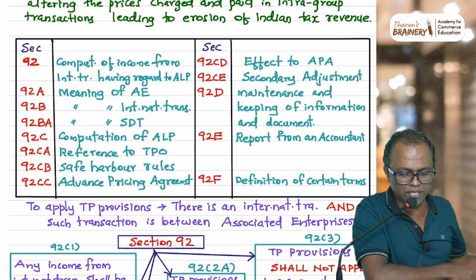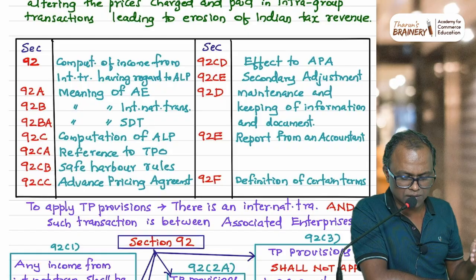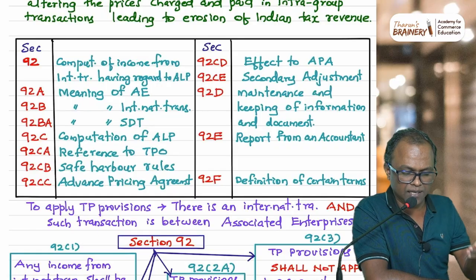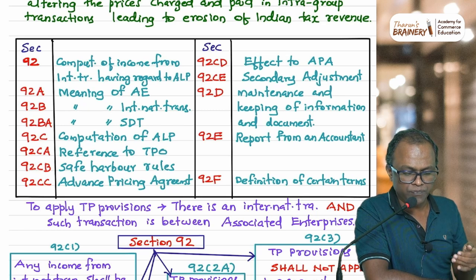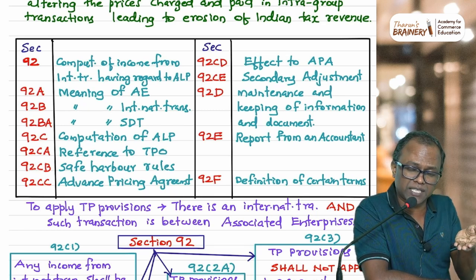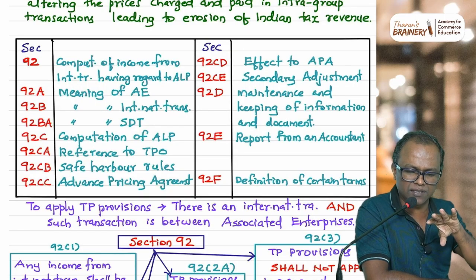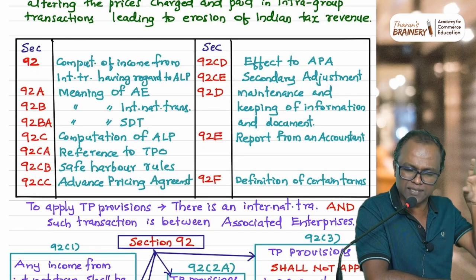When it is the computation part, the main area is determination of arm's length price. At the basic level, first of all, when two enterprises will be treated as associate enterprises, and then if there is an international transaction between associate enterprises, how the transfer price will be found out. In addition to that, domestic transactions sometimes can be treated as international transactions. In that situation, transfer pricing provisions will be equally applicable to that domestic transaction.